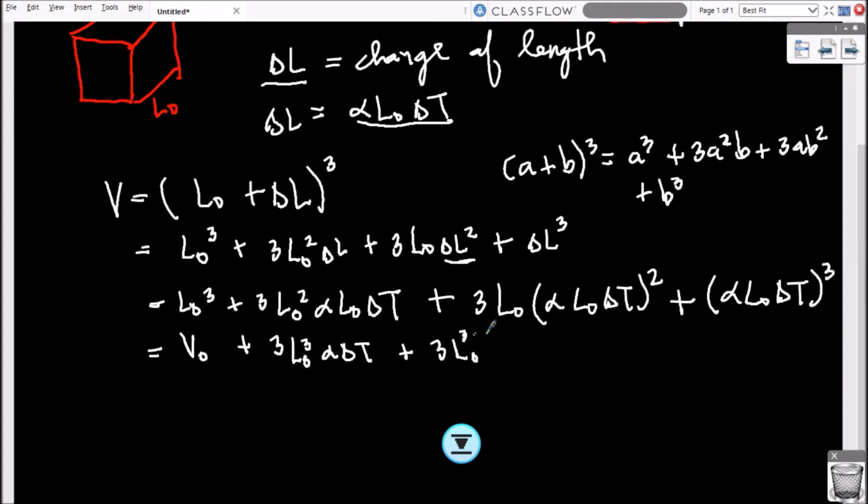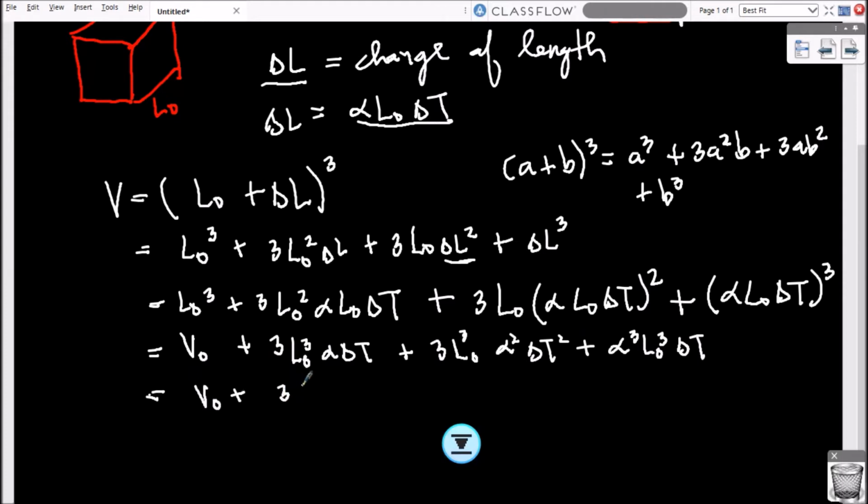That's L of O cube alpha squared delta T squared plus this one, alpha cube times L of O cube delta T cube. All right. So again, what is L of O cube here? That is the initial volume of the cube.